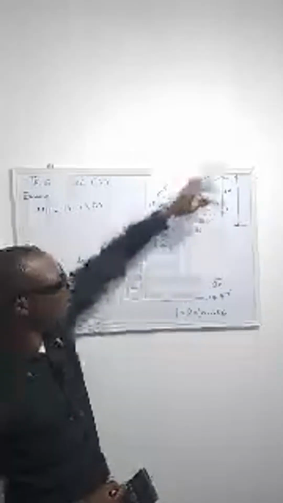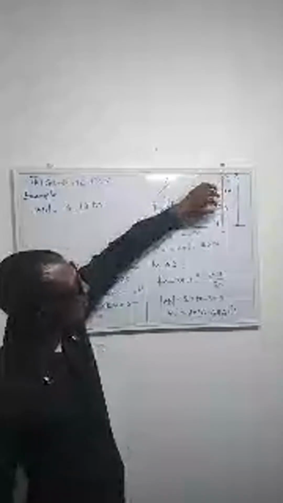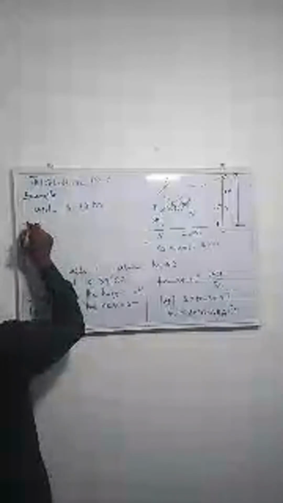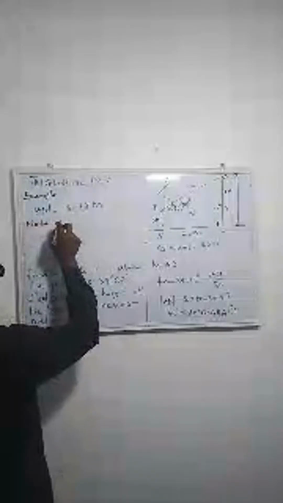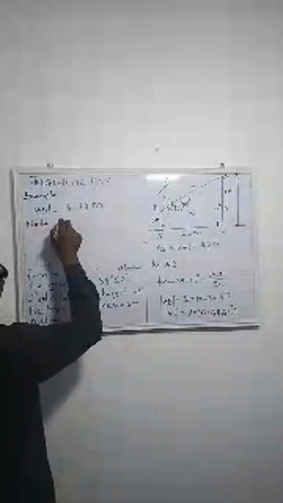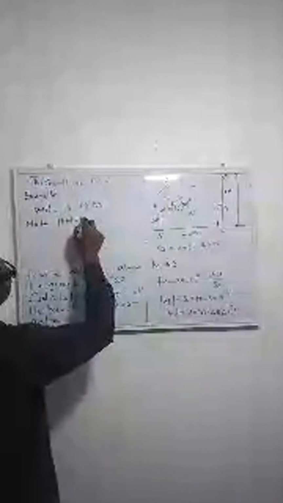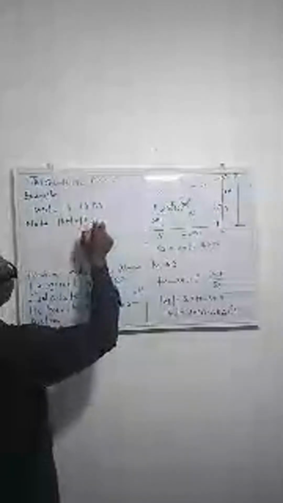Now, the question wants us to get the height of the tree. The height of the tree is length AF. So what we need to do now: we had length AD plus length DF, the two together. And don't forget our notes that length DF is equal to length TS.